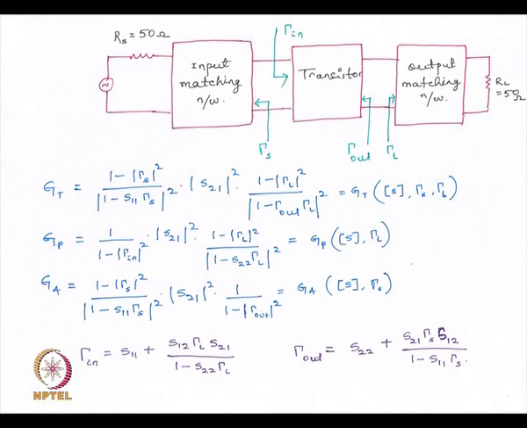Here, for example, I have written the expression for gamma out. As we can see, gamma out is a function of gamma S. So, suppose we have been given some value of GT that we have to achieve. Then we design our gamma L, and then we design our gamma S.